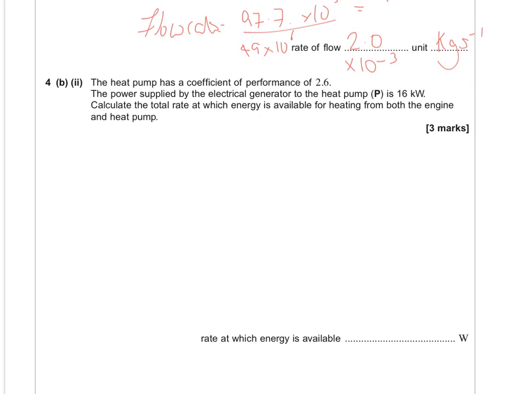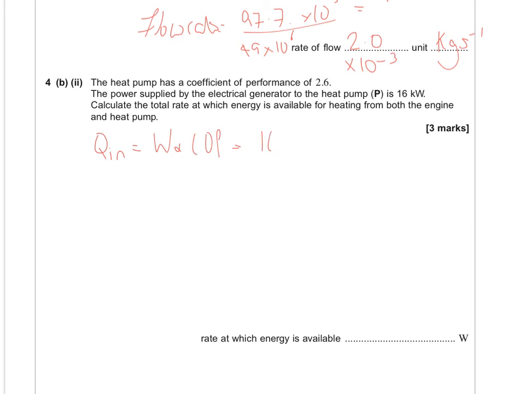Okay, the heat pump has a coefficient of performance of 2.6, so it delivers 2.6 watts for every 1 watt of work supplied. The power supplied by the electrical generator to the heat pump is 16 kilowatts. So we can calculate Q in as the work times the coefficient of performance.